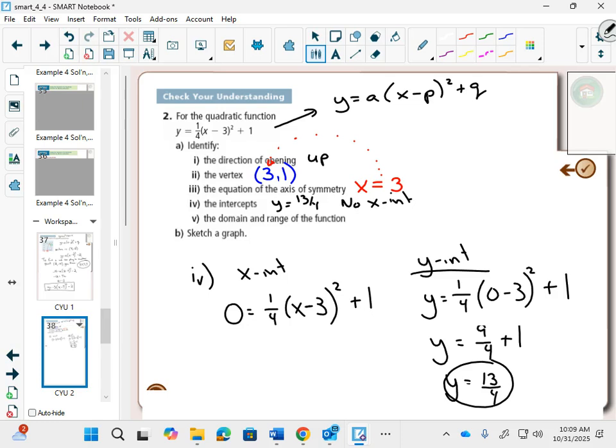Awesome. If you tried to solve this, how do you solve quadratic equations? You have 3 methods from our last chapter. You could factor, quadratic formula, or solve by square rooting. This one's really nice for solving by square rooting because it's already squared. If I tried to solve this by square rooting, I'd move the 1 over.